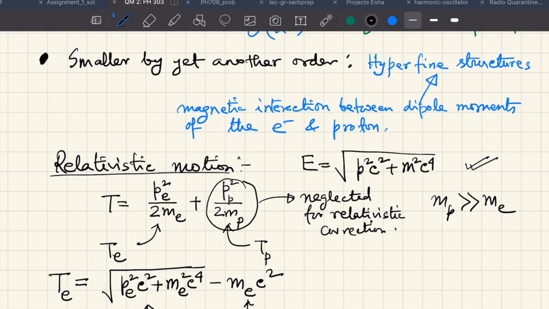So we looked at the relativistic kinetic energy of the electron, which is given by the total energy, square root of p square c square plus me square c to the power 4, minus the rest energy, which is given by me c square of the electron.